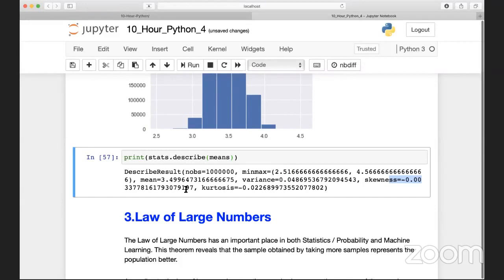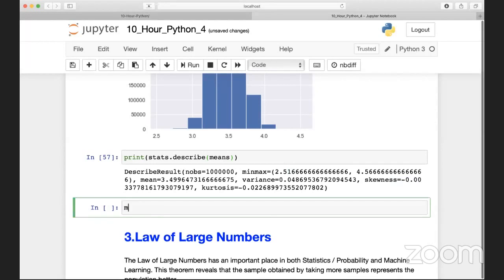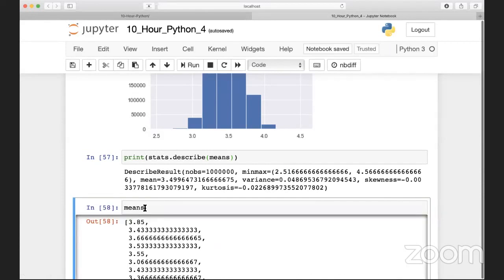Okay. So the mean is 3.49. If I calculate what this means, it's a list, sorry. Yeah, it's a list. Okay. I can turn it into a data frame and calculate something with that.